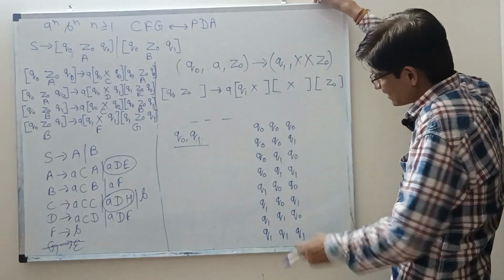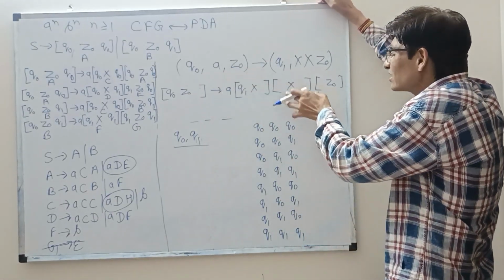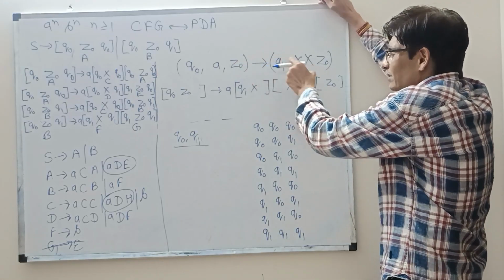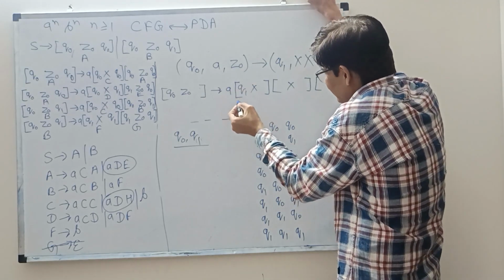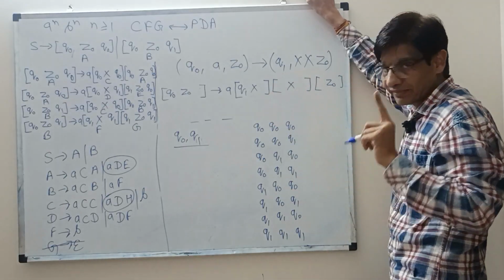So these 8 combinations you can use in 8 different productions that you will create using this particular transition rule. So this is how you can create 8 different productions corresponding to this transition rule.